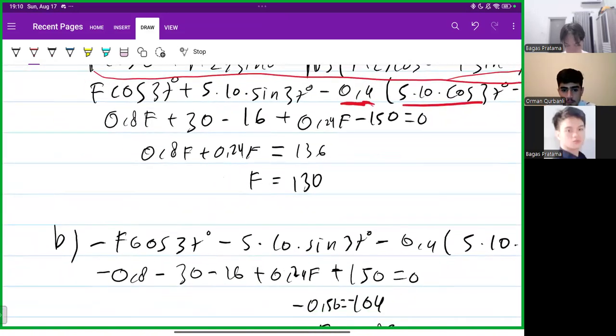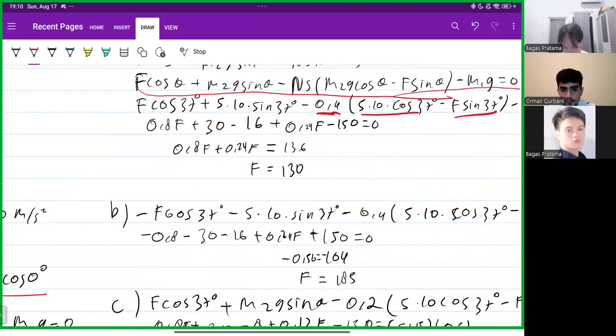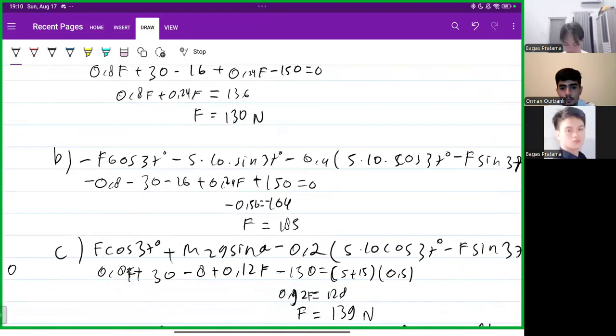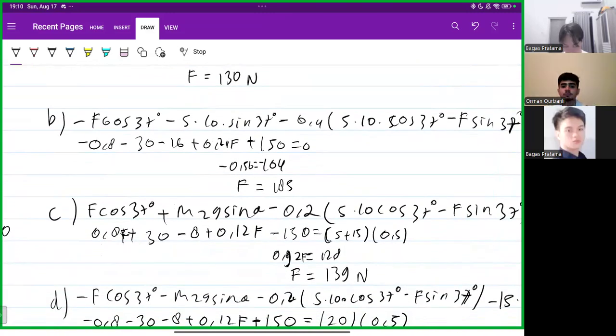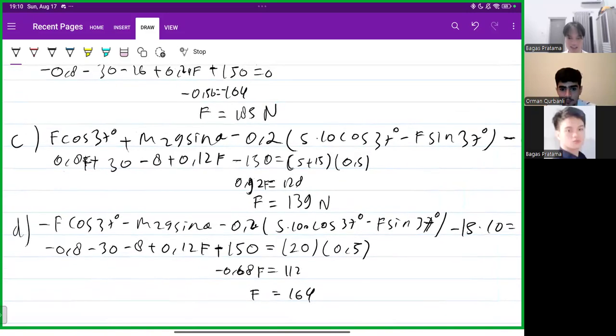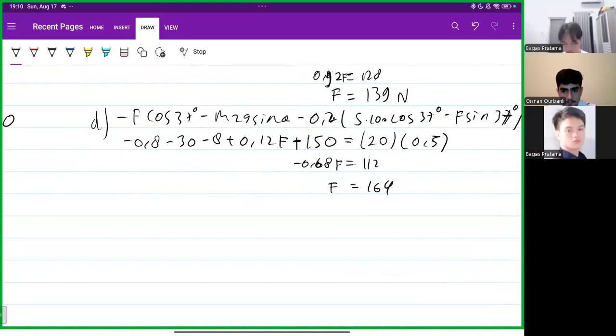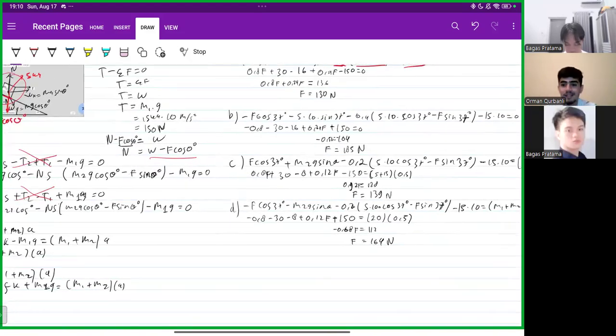So the first answer A is 130 Newton, B is 185 Newton, C is 139 Newton and D is 164 Newton. So basically we have to find the F.